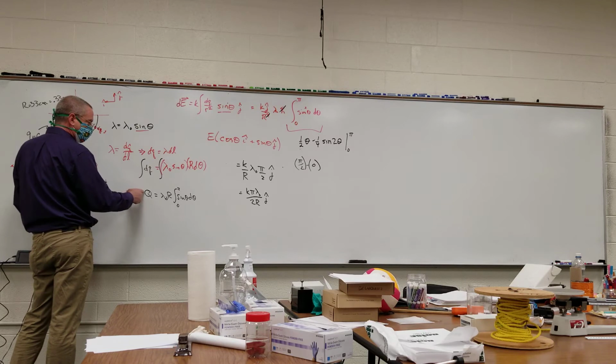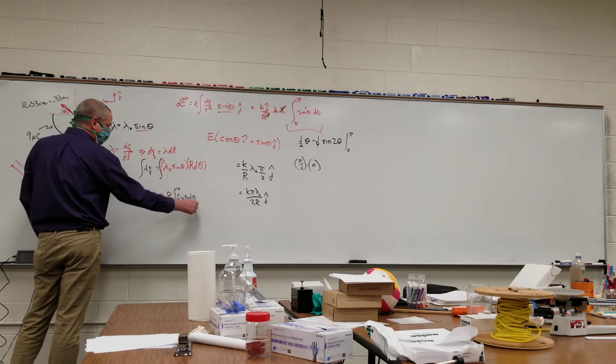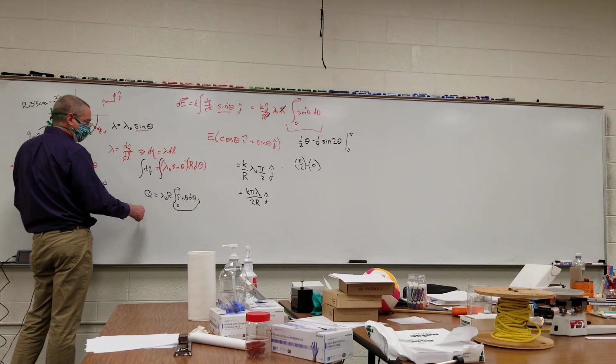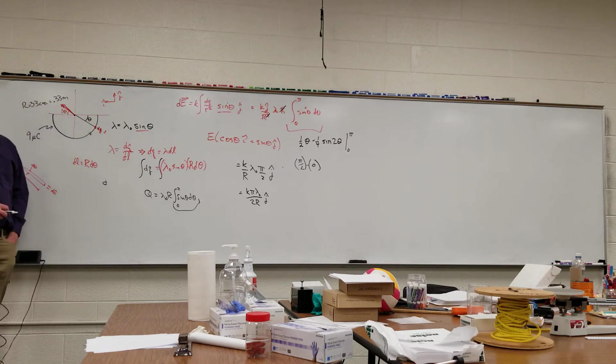We know q, we know r, we can do that one, and so we can find lambda sub naught from that. There's probably a shortcut in there that I'm not seeing, but that in essence is how you do it.